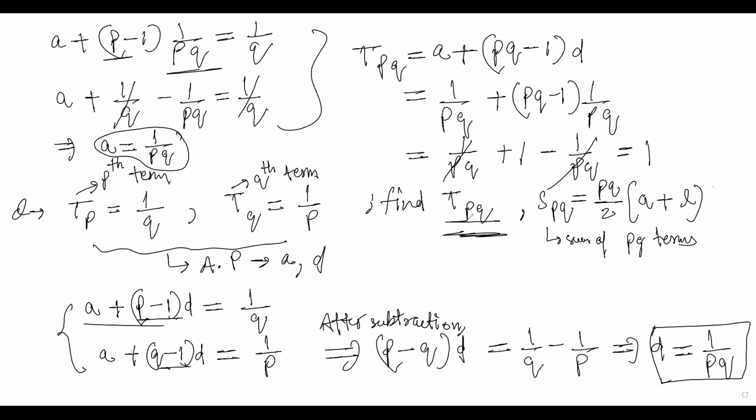L is TPQ, the PQth term. You have already found the last term of the sequence. So you can write this as A, that is 1 by PQ, plus L, the last term, that is 1.